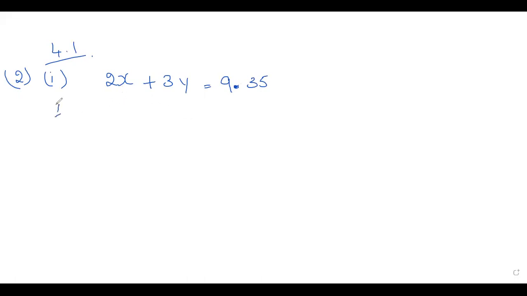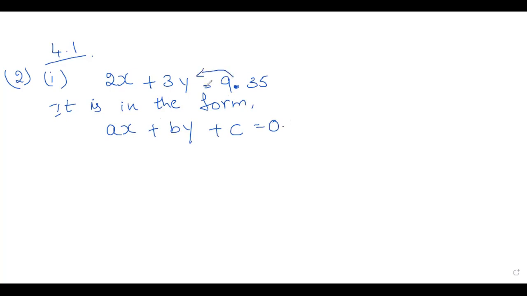So you write it is in the form ax plus by plus c is equal to 0. So you can shift it to the left hand side. So it becomes 2x plus 3y minus 9.35 is equal to 0. We are shifting from right to left, so the sign will be changed. It is plus 9.35. It will become minus 9.35.